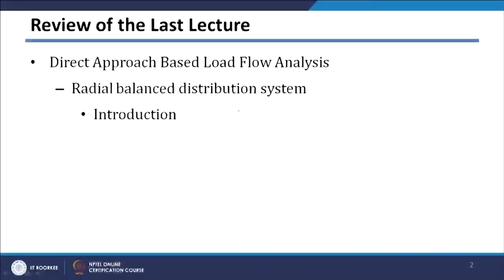Last class, we have seen a direct approach based method, and initially I introduced this method. We have seen that you can actually form two matrices. One is the BIBC matrix, which is the bus injection to branch current matrix, which converts your bus injection directly into branch current.